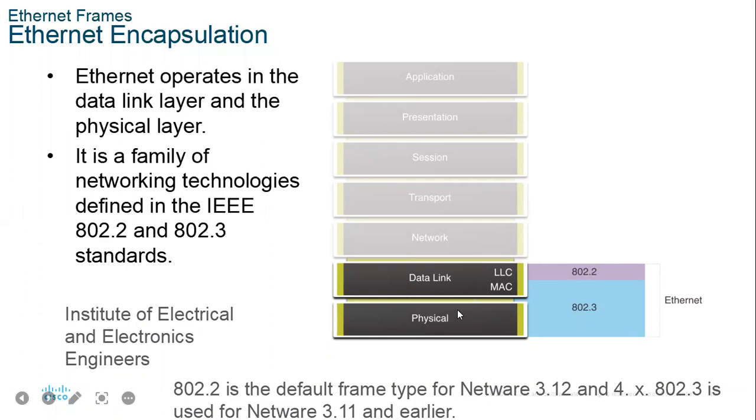The 802.3 has to do with the second layer. So these are just different standards to help manufacturers and vendors know how to manufacture their hardware, so that there is interoperability, so that different devices from different vendors can interoperate.